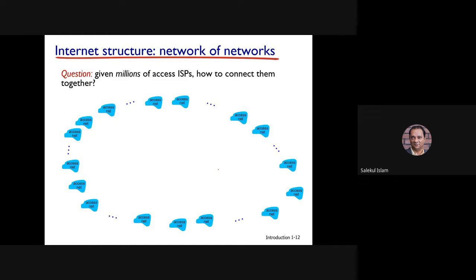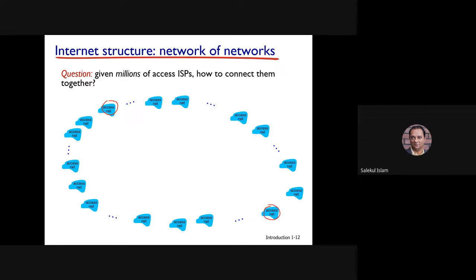So we know that there are millions of access ISPs. So all the access ISPs, মানে কি, যারা local ISP, ছোট ছোট ছোট যে ISP সেগুলোর কথা বলা হচ্ছে. So how to connect them together? Say here is one local ISP and here is another local ISP. So how can you connect them together?